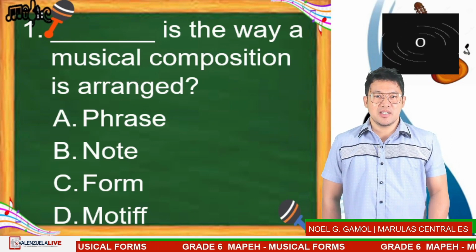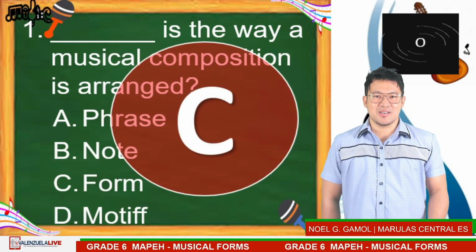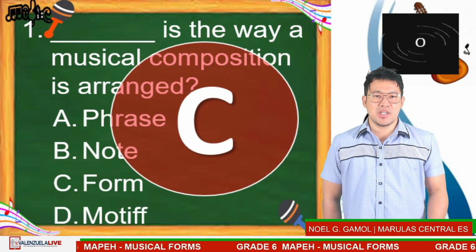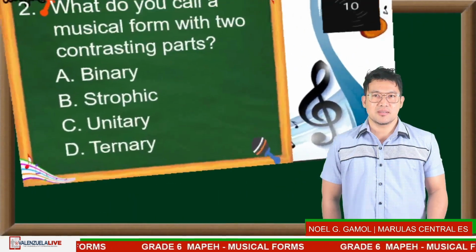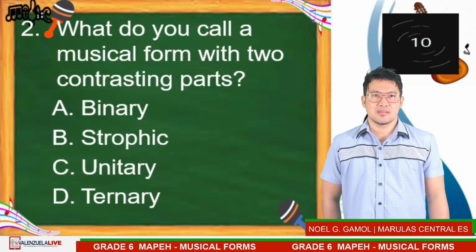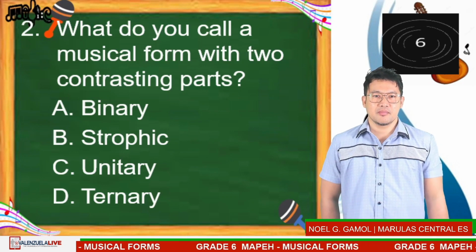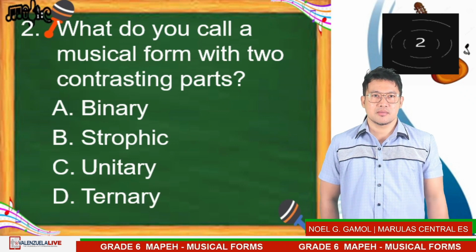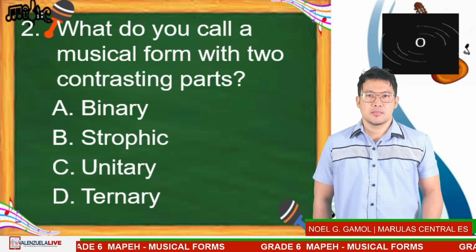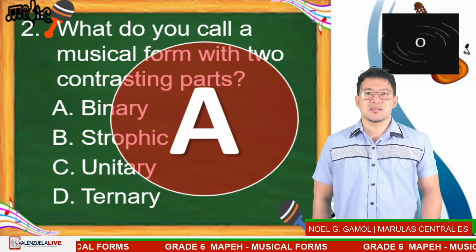If your answer is C, you are correct. Form is the way a musical composition is arranged. If your answer is A, you are correct.